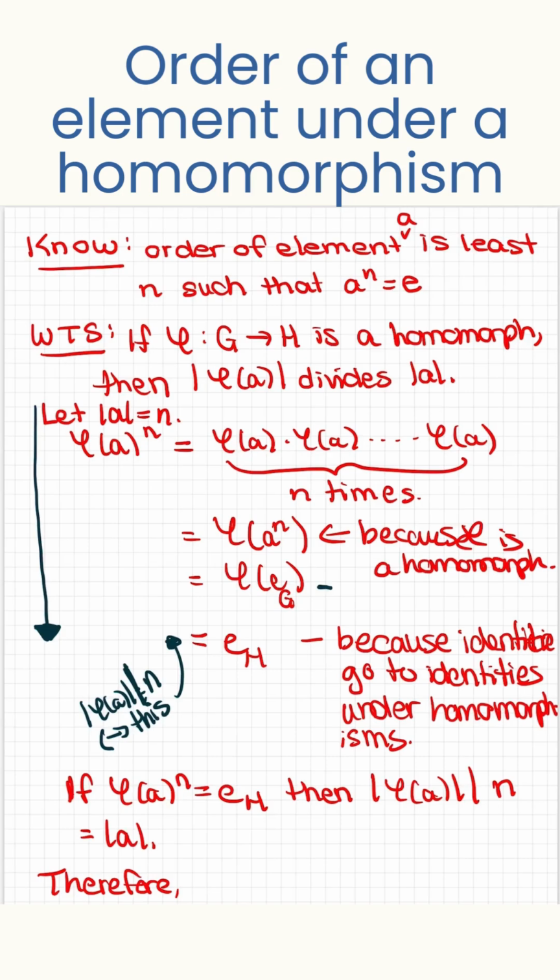Just to remind the reader that A to the power of n is equal to E because the order of A is equal to n. And then homomorphisms send identities to identities, so I get the last line. And I also explain why that happens. So always having the little reminders after lines is good, and this is sufficient formality for me.